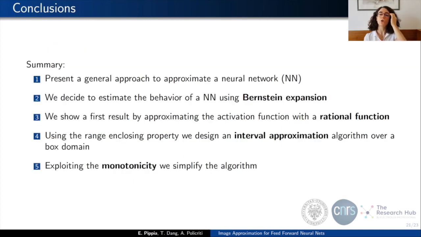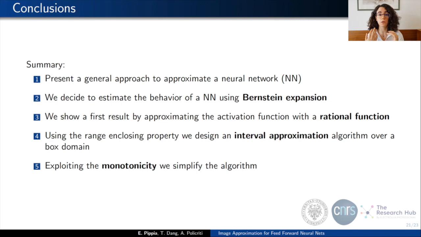So in conclusion, we present a general approach to approximate a neural net, working layer by layer and actually neuron by neuron, and we decided to use the Bernstein theory to bound the output of each neuron. We go into detail analyzing the feasibility for the first case, that is the rational function, and we bound the output with intervals, so we obtain boxes and hyperrectangle domains.